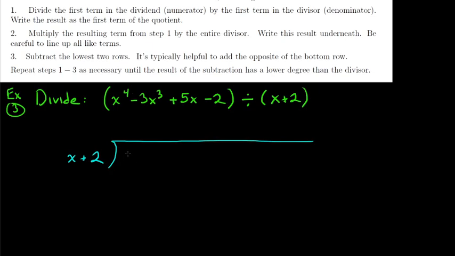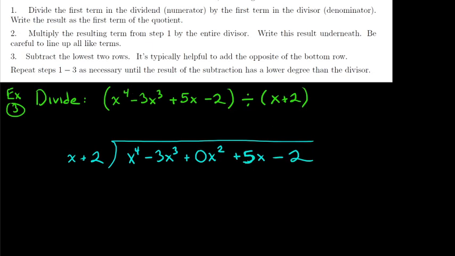There we go. We have x to the 4 minus 3x to the 3. But notice we're missing x squared, so we should include 0x squared plus 5x minus 2.